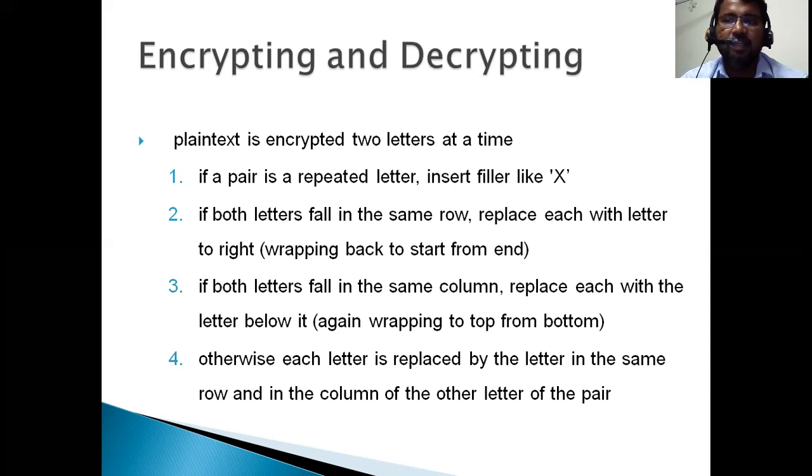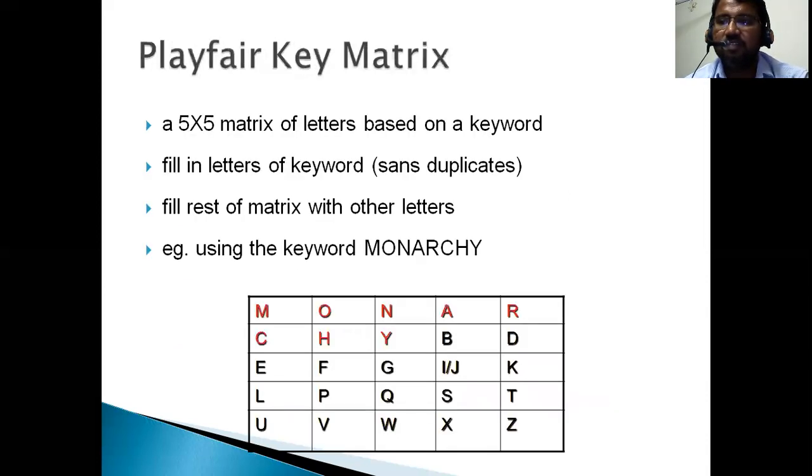If two adjacent letters fall in the same row, then we replace each letter with the letter to its right. In this matrix, if you have in the plain text the pair IF, then we replace it with the right side characters: I will be substituted with K, and F will be substituted with G. That is the second condition.